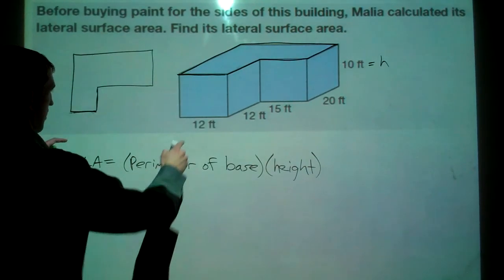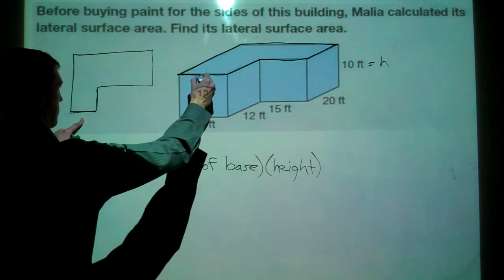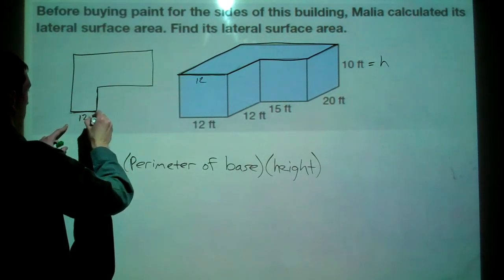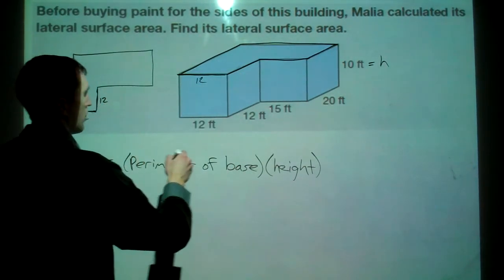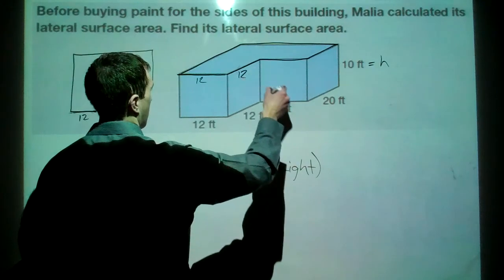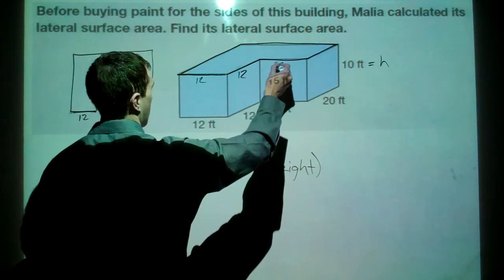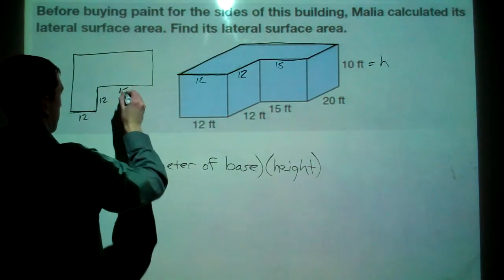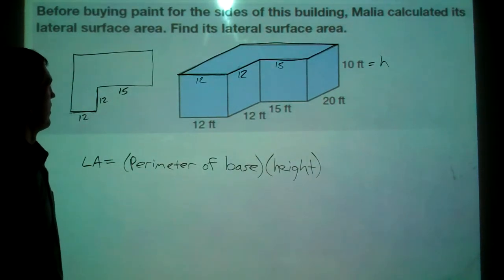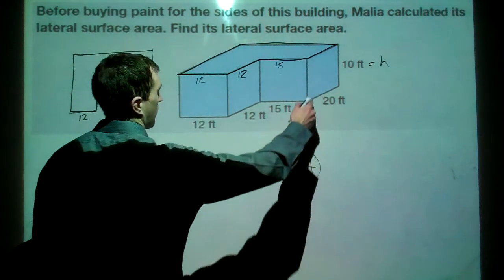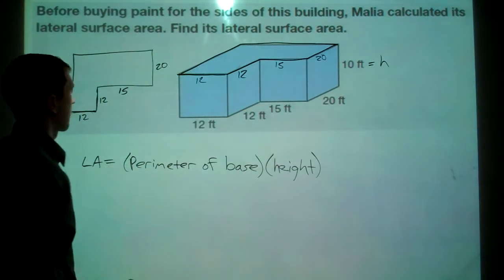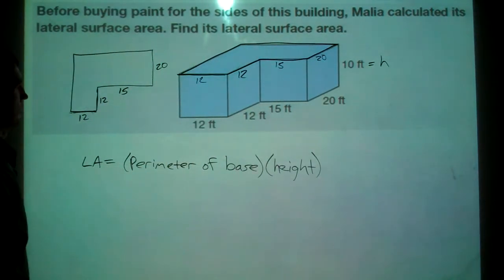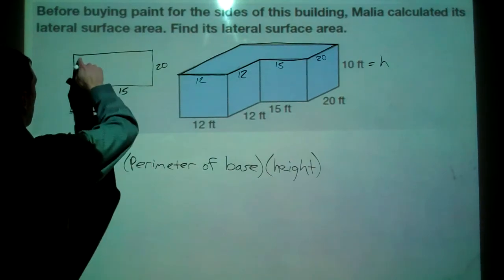Okay. This side matches with this side, so 12 and 12. This side and this side, 12, 12. This side and this side go together. So this is 15. Not drawn to scale, by the way. That's my fault. This side, 20. This side would be 20. And then we've got to figure out how long this side would be.